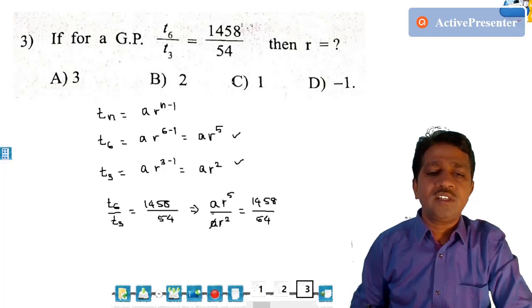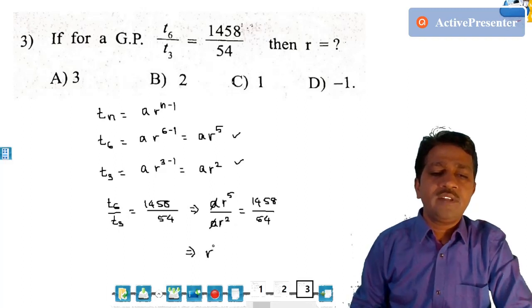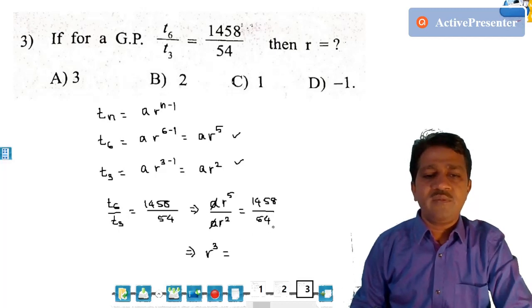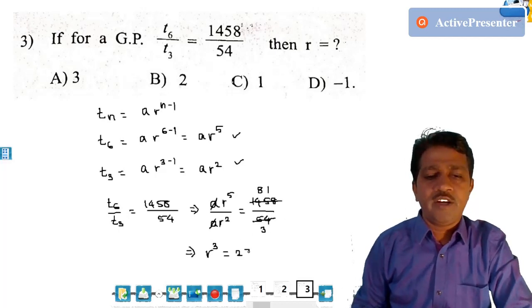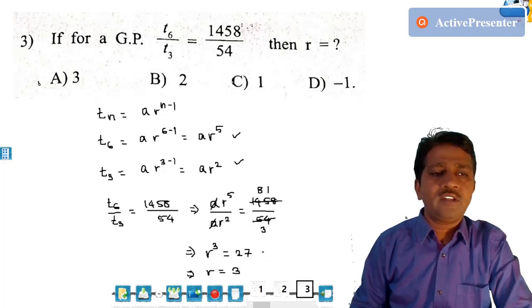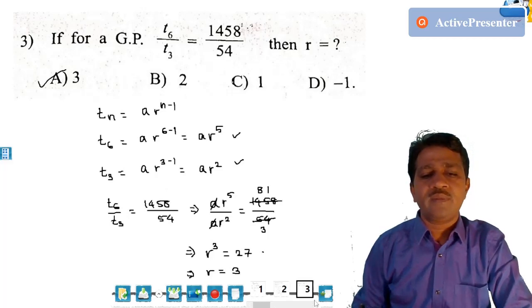A and A get cancelled. So on the left side we are getting R raised to 5 upon R square, which is R cube, and you can simplify the right side to give you 27. Therefore R is equal to 3 is the correct answer, which is option A.